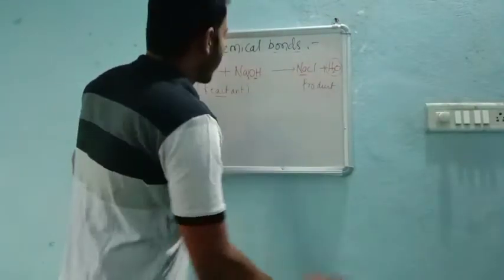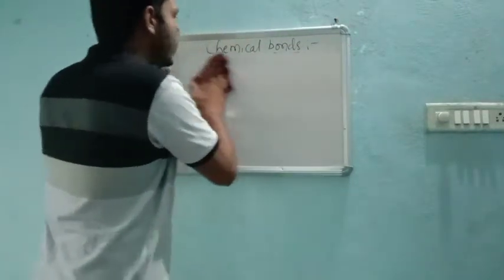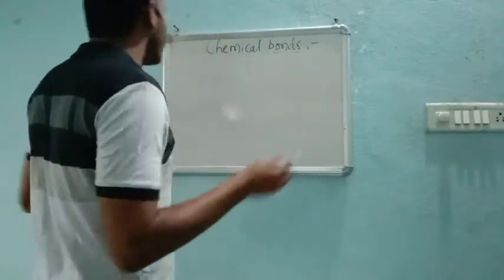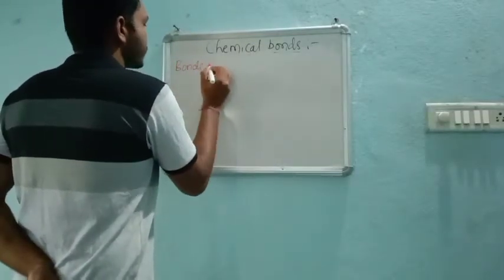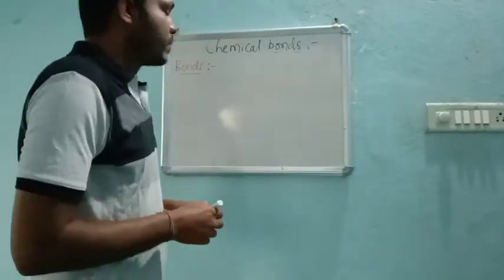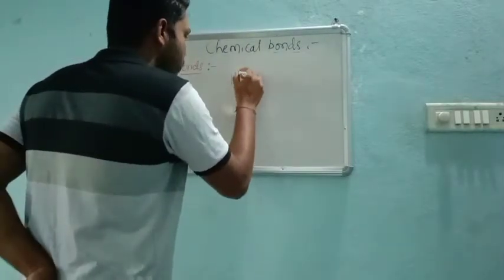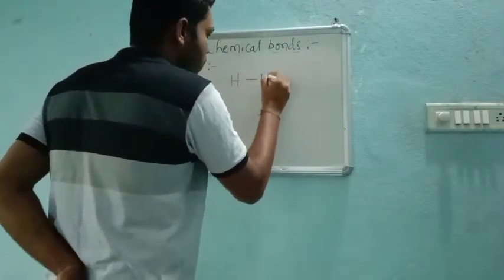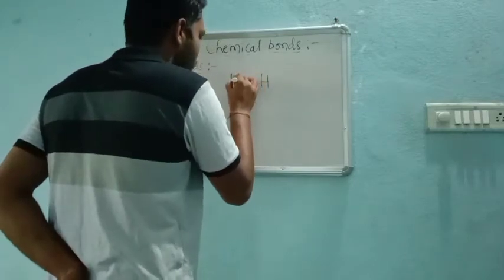Right? So after having a definition about a reaction, we will directly come to today's point, that is what are bonds. So bonds are nothing but, right, they hold two atoms or elements together in a molecule.